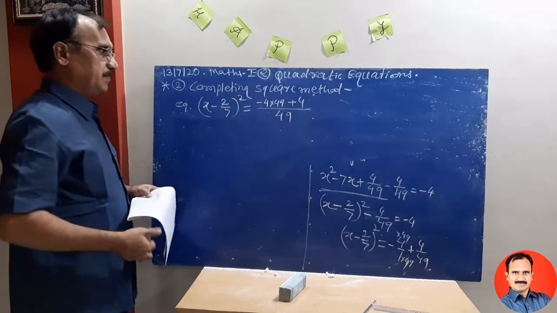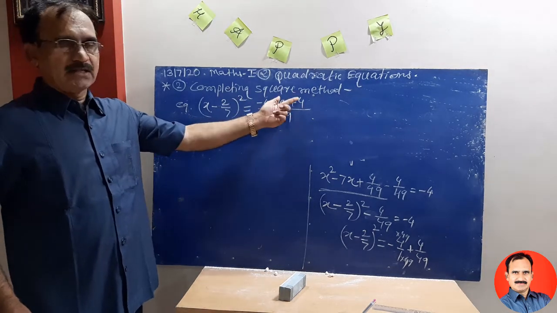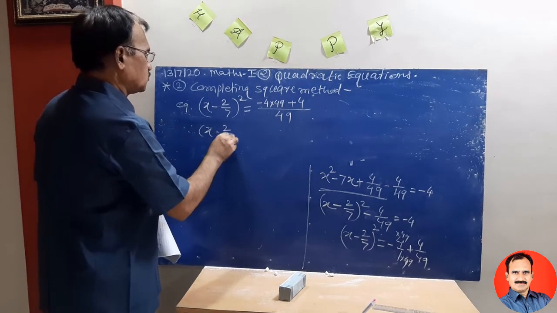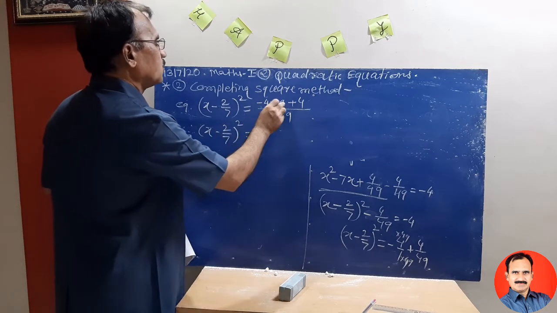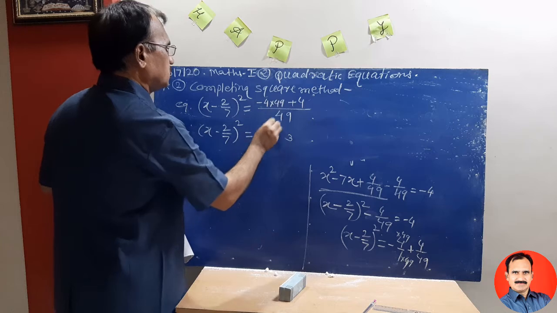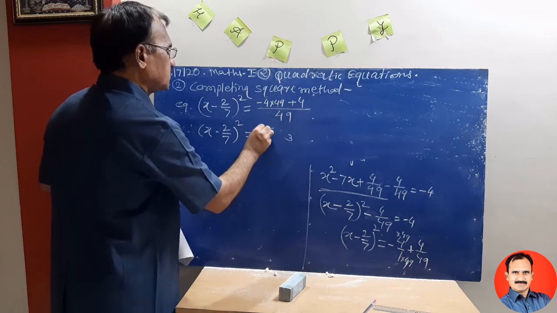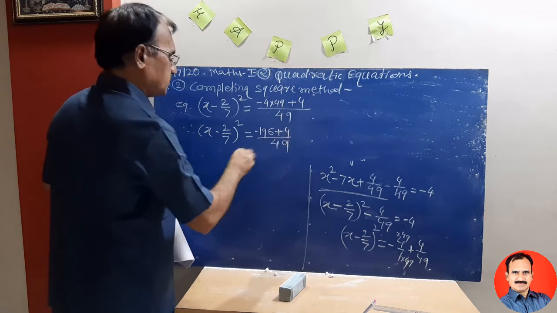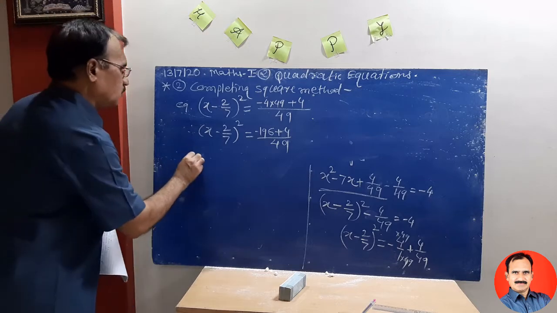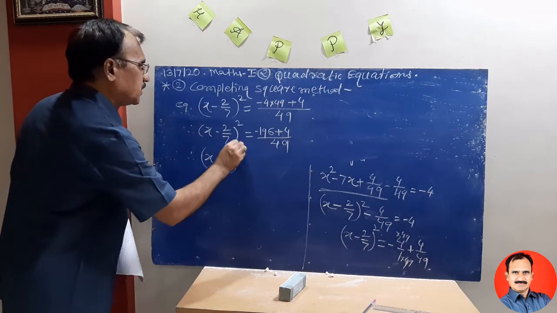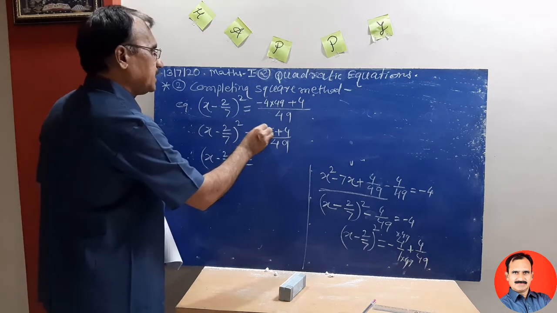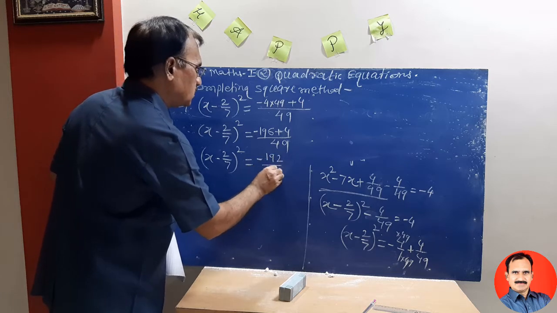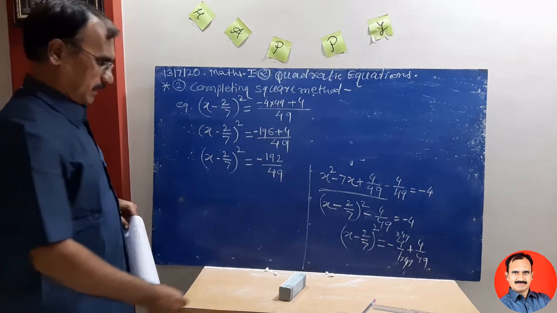Then minus 4 into 49, that is minus 196, plus 4, divided by 49. Therefore, x minus 2 by 7 bracket square is equal to minus 196 plus 4, that is minus 192 upon 49.